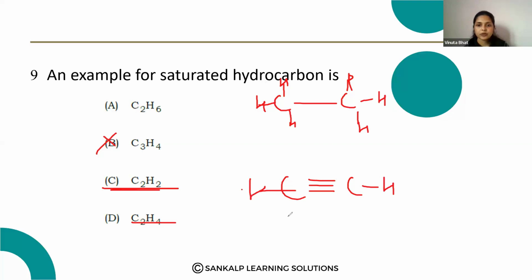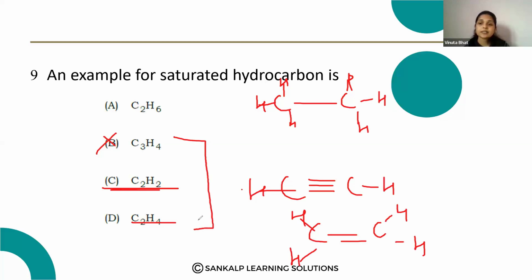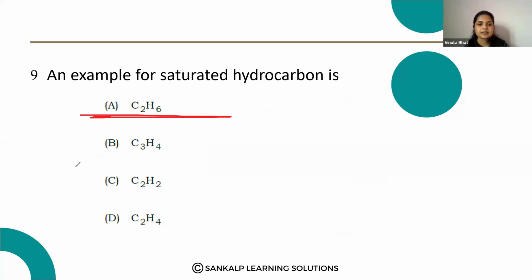Yes, this is C2H2, C double bond C, H, H, H, H, total 4 hydrogens, C2H4. So in these three you can see a double bond or triple bond between the carbon atoms. But in option A, you can't see double bonds between the carbon atoms, only single bonds. So option A is the correct answer. An example for the saturated hydrocarbon is C2H6.